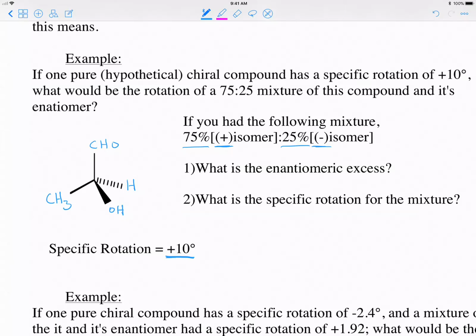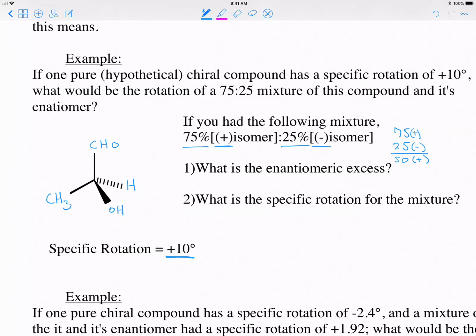Well, here's what I'm going to do. I'm going to say 75% of the plus isomer, and then I'm going to have 25% of the minus isomer. 25% of the minus isomer will cancel out with 25% of the plus isomer, leaving 50% of the plus isomer in excess.